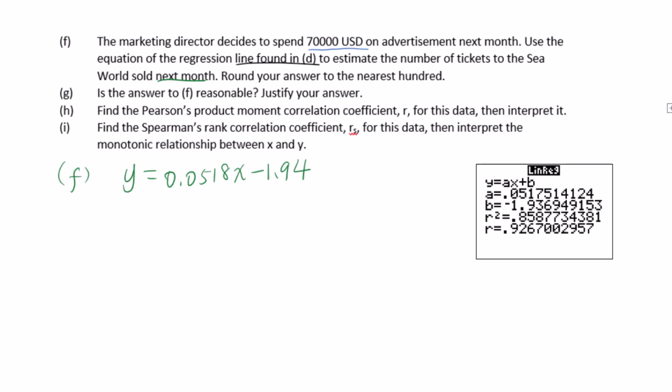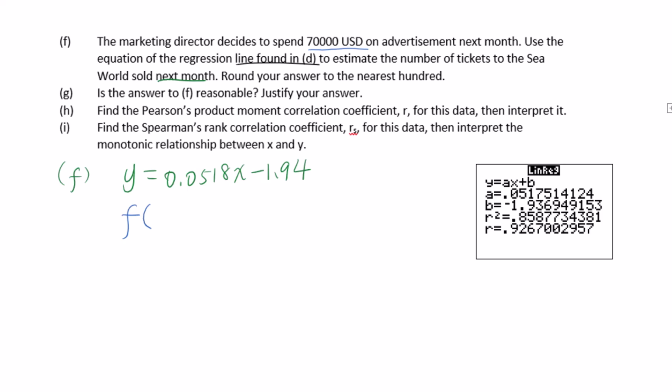We know the equation of the regression line is y equals 0.0518x minus 1.94. So we substitute the $70,000 into this equation.